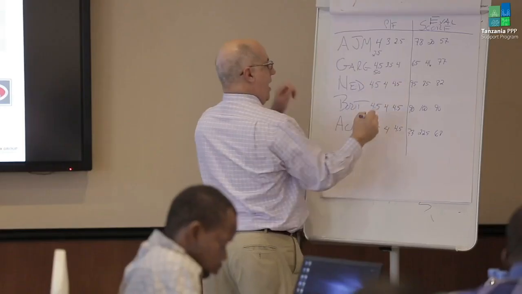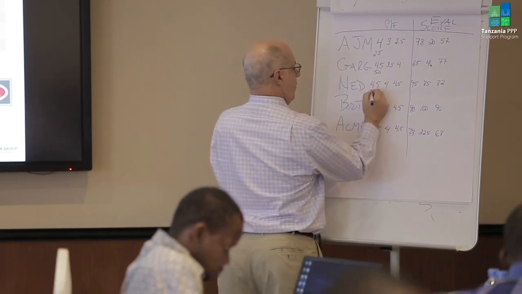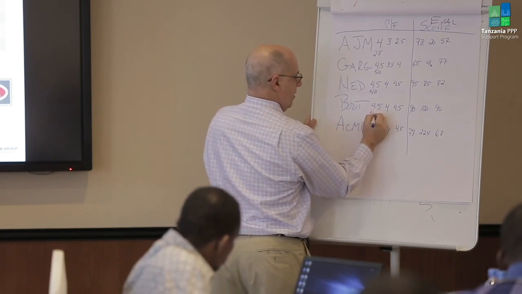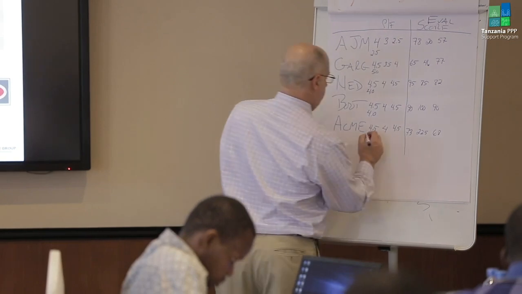The next table? 2.5. For AJM, right? Yes. For Gargantuan? 5. Okay. For Ned? 4, okay. For me? 4, okay. And for Acme? Also 4. Okay.